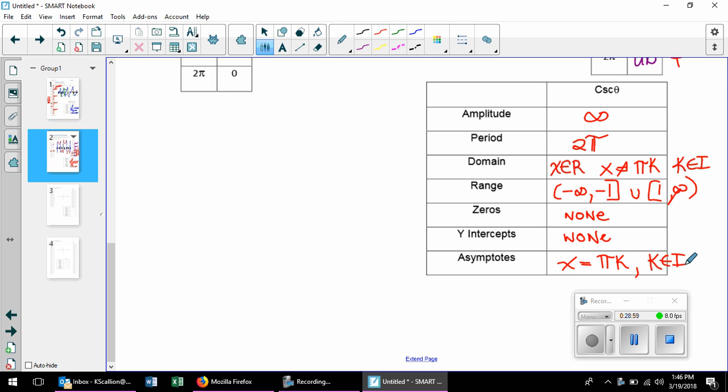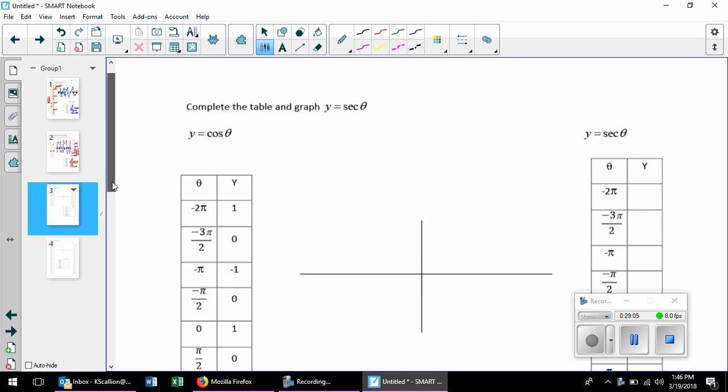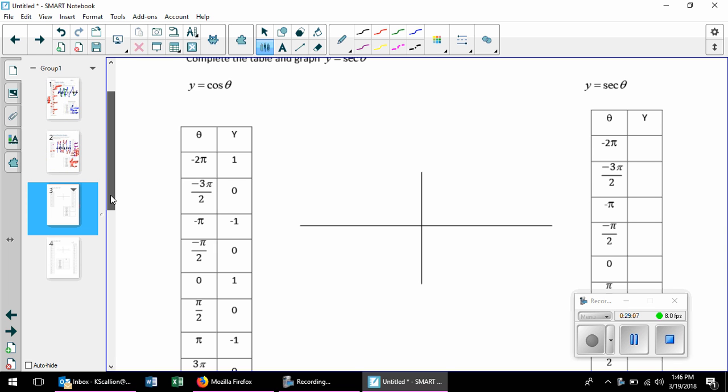All right, let's move on to our reciprocal cosine function graph. Again, I was sweet and nice and filled in the table for you here, but I have the same problem. I don't have enough information. So this would be 1, this would be undefined, -1, this would be undefined.